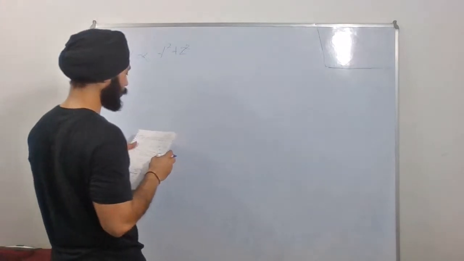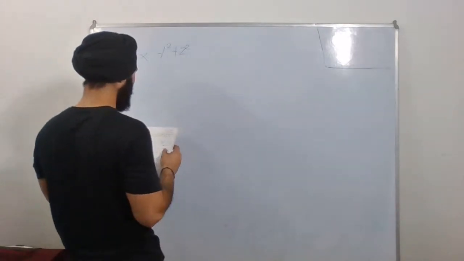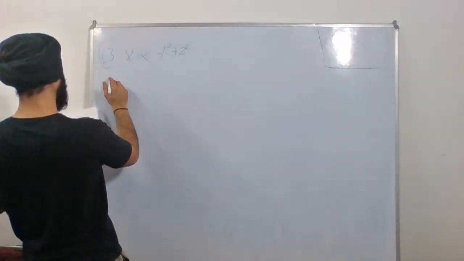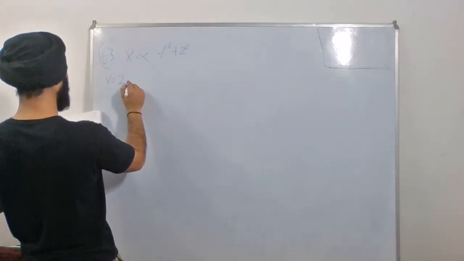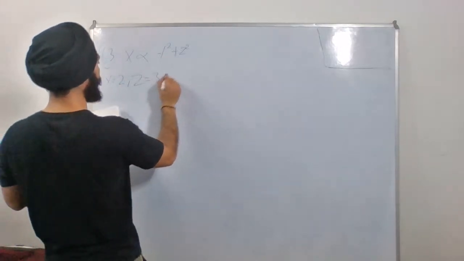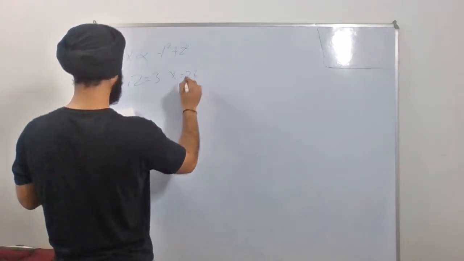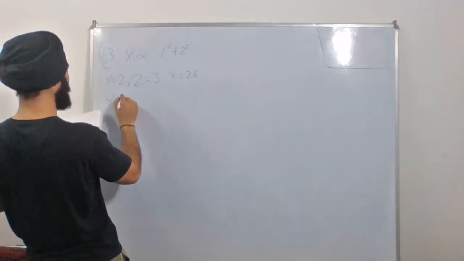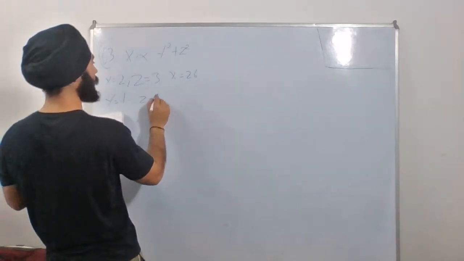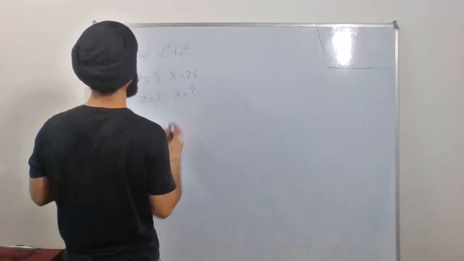At y is equal to 2 and z is equal to 3, the value of x is 26. Now y is equal to 1, z is equal to 5. What is the value of x?